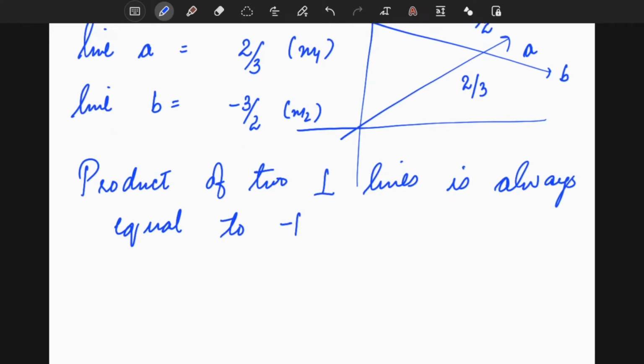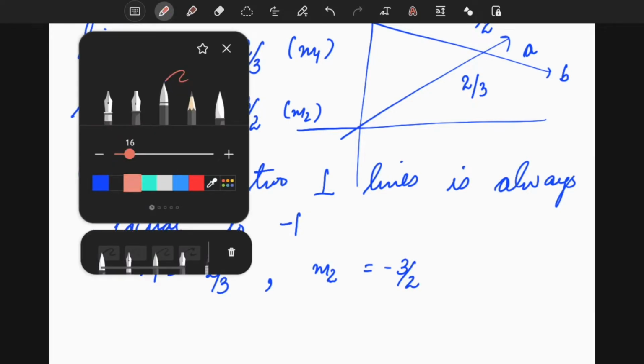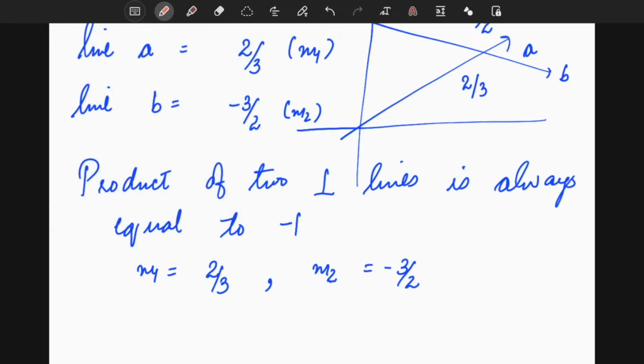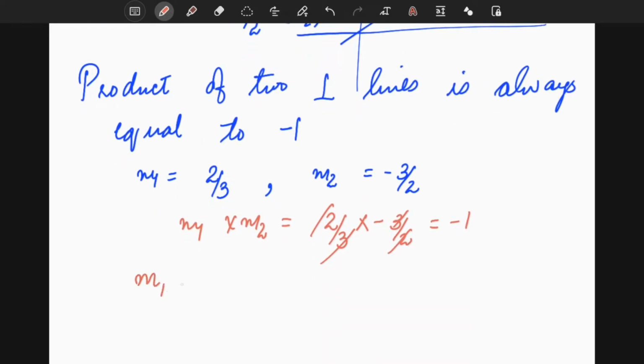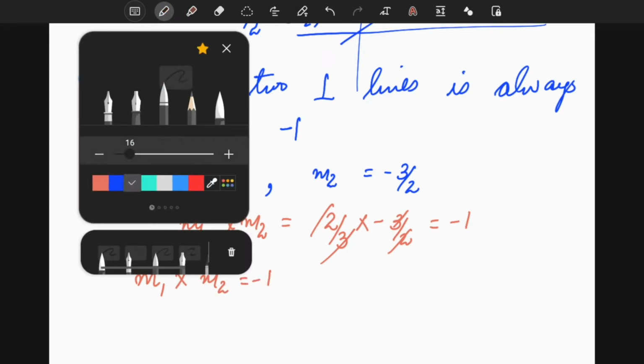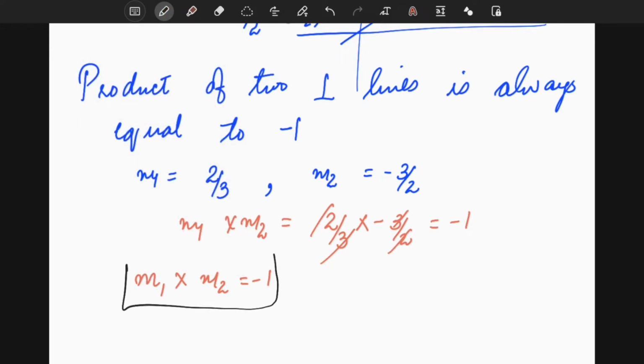Like if you see what we did above, M1 is 2 over 3, M2 is minus 3 over 2. If you will do product of both these, you'll get minus 1. 2 over 3 into 3 over 2, it will give us minus 1. So from here we will get one more formula, that M1 into M2 is equal to minus 1.